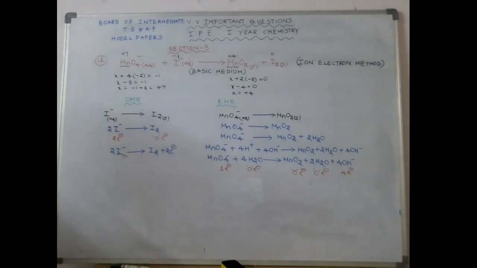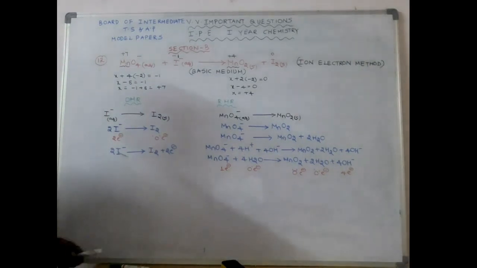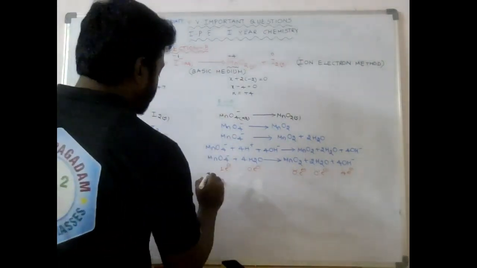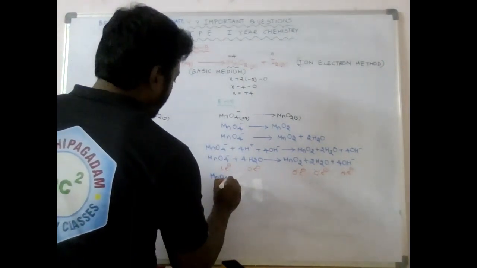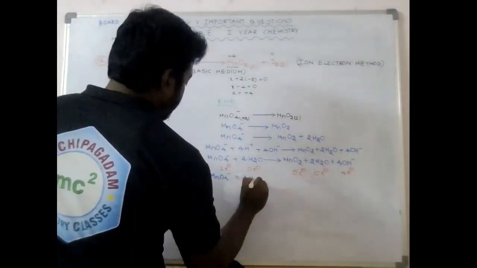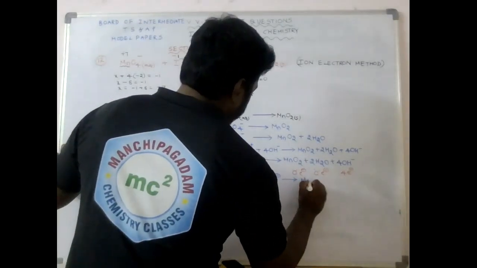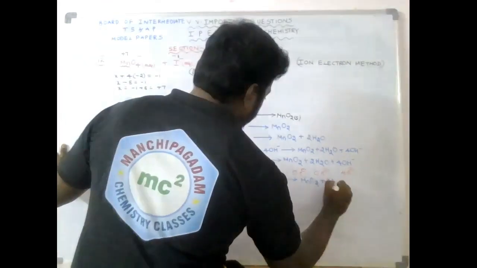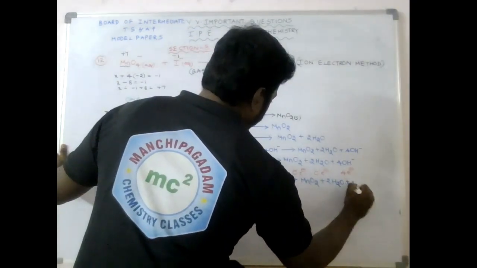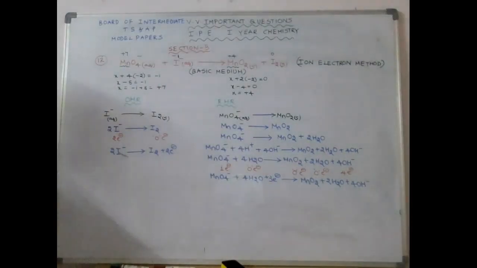So the deficiency of electrons is on the left side. The deficiency is 3 electrons, and those 3 electrons we have to add on the left side. MnO4 minus plus 4H2O plus 3 electrons gives rise to MnO2 plus 2H2O plus 4OH minus. Got it?